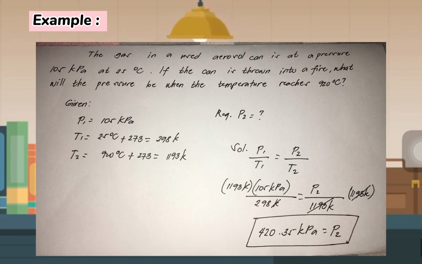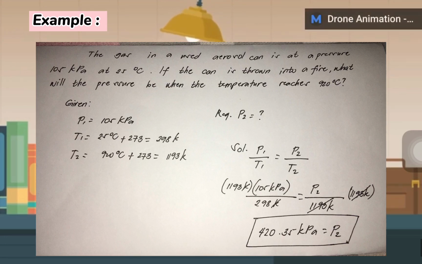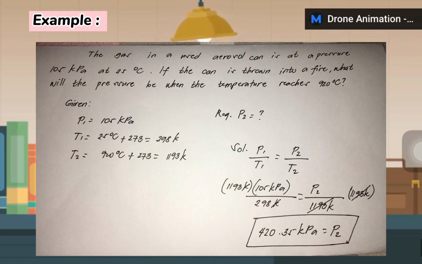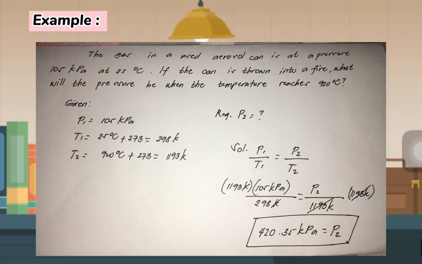So we have to multiply both sides by 1193 Kelvin. Then cancel out on the other side, so the remaining will be the second pressure. Then on the other side, we just have to cancel out the unit. So the remaining will be 1193 times 105 kPa divided by 298. The answer will be 420.35 kPa, and this will be our second pressure.